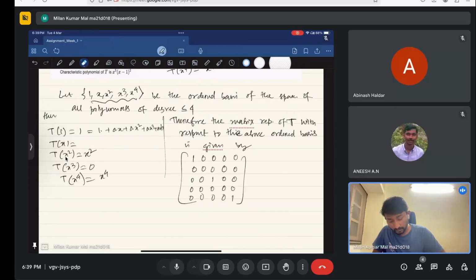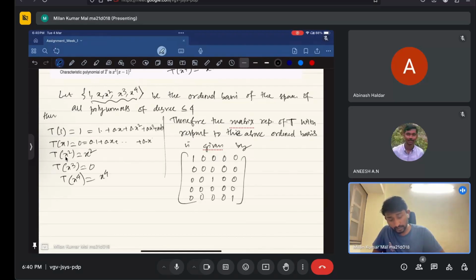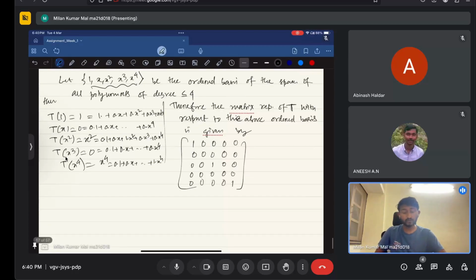Similarly, 0 can be written as 0 into 1 plus 0 into x all the way to 0 into x⁴, and this can be written as 0 into 1 plus 0 into x plus 1 into x² plus 0 into x³ plus 0 into x⁴. The next has all coefficients 0, and the last is written as 0 into 1 plus 0 into x all the way to 1 into x⁴, with all other coefficients 0. Therefore the matrix is this.